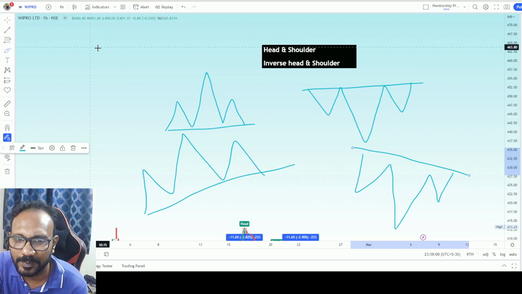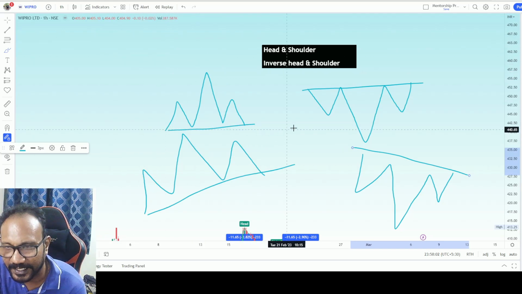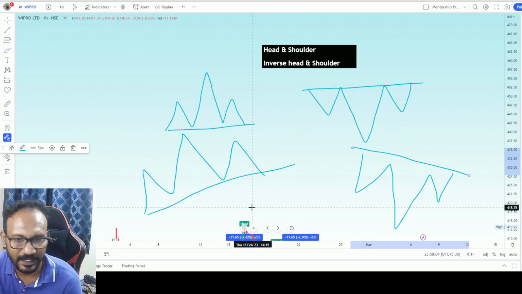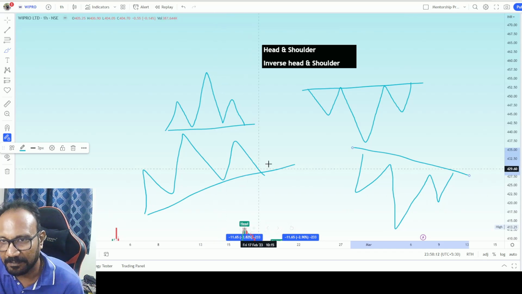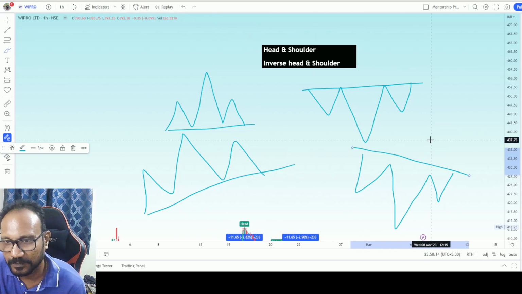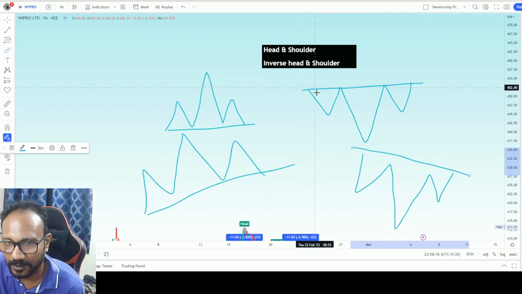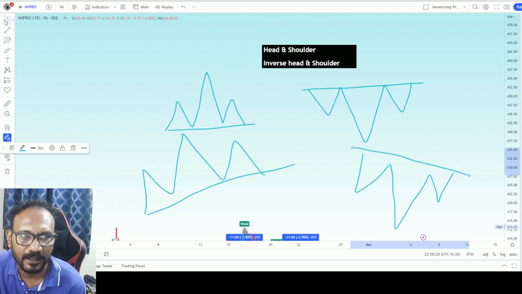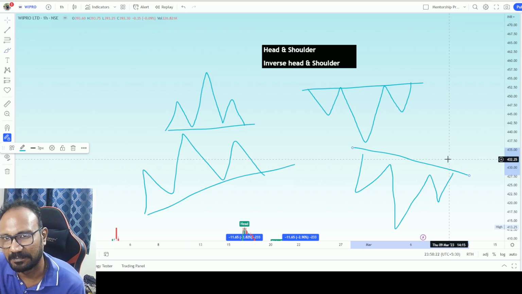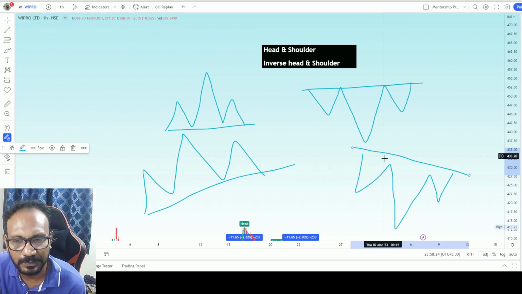So it need not be a perfectly horizontal straight neckline. Sometimes the angles can be tilted upwards, downwards. All possible things are open. So we have to keep that in mind before we step into drawing this particular pattern.